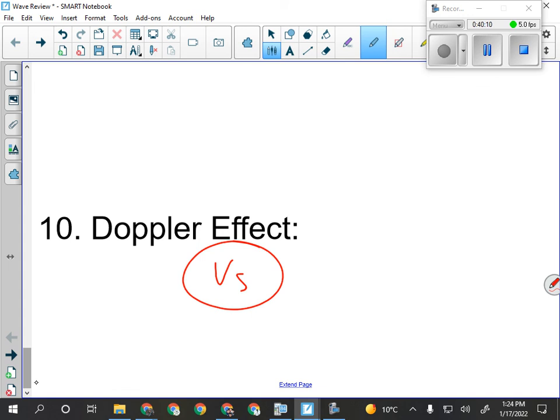Question number 6 is a vertical circular motion question, also involving a roller coaster. Number 7 is a satellite motion question.